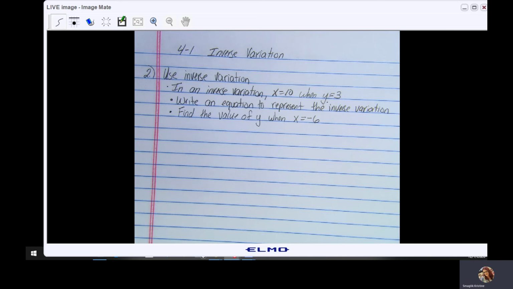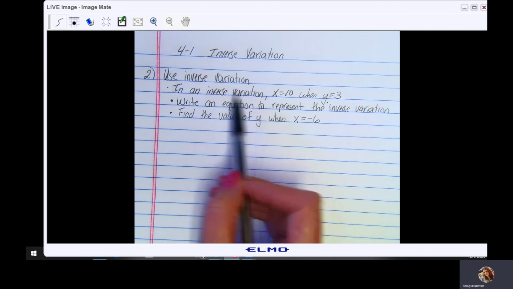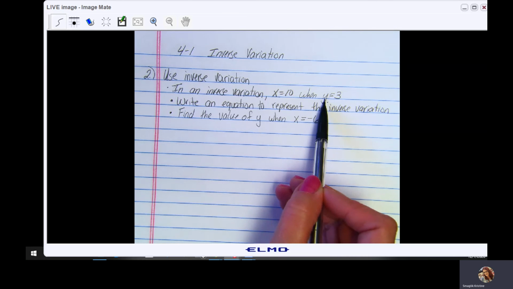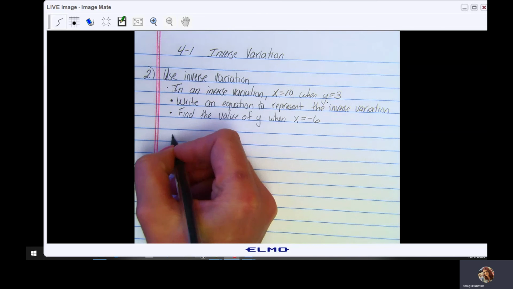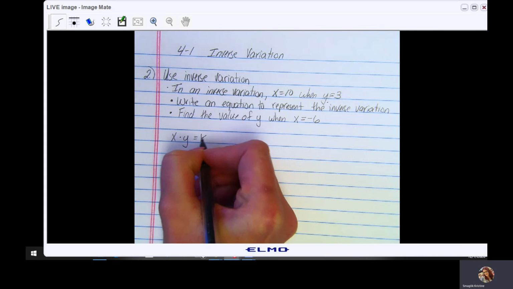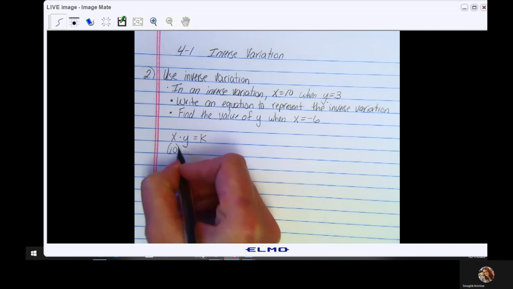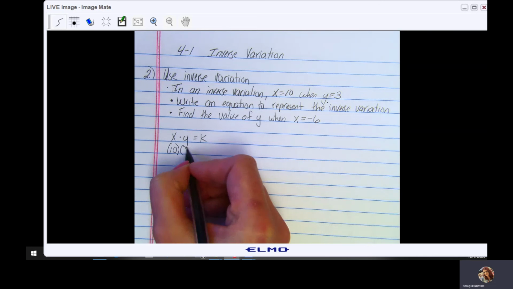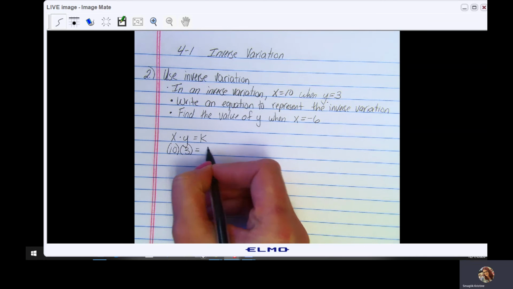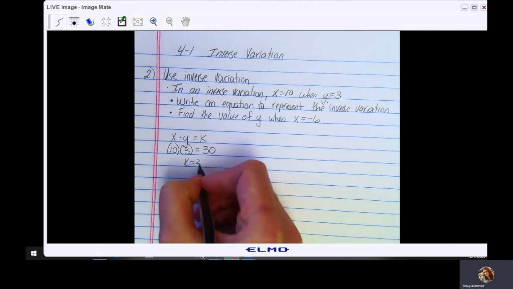Now, in this problem, we were already told that this is an inverse variation. So when I multiply x times y, that is going to give me my k value. So x times y equals k. Well, x is 10, y is 3, which means k equals 30. So we get k equals 30.